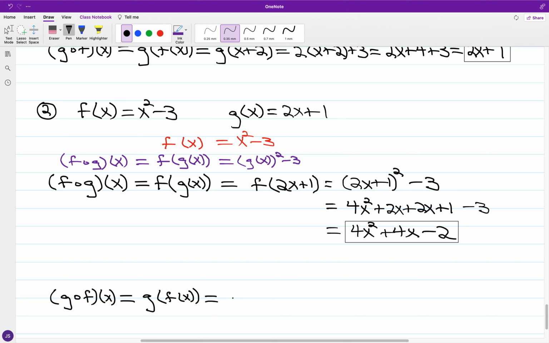So g is on the outside, f of x is on the inside, and f of x we have at x squared minus 3. To follow through in terms of g, you probably don't need the visual structuring, but just want to mention it for g composed with f of x.